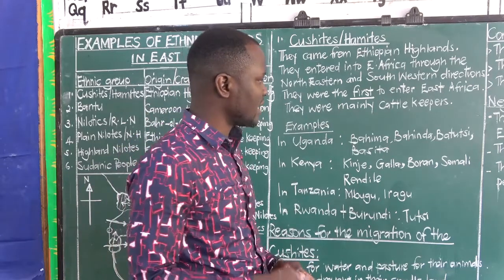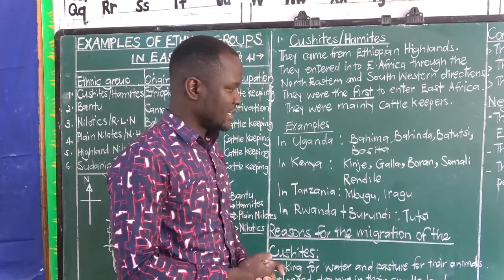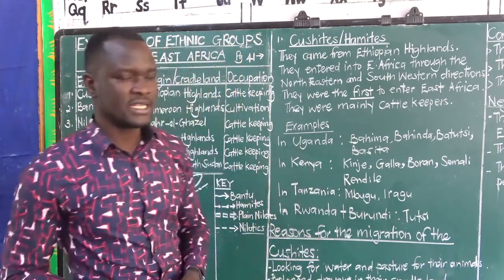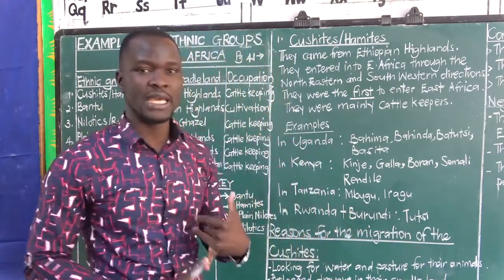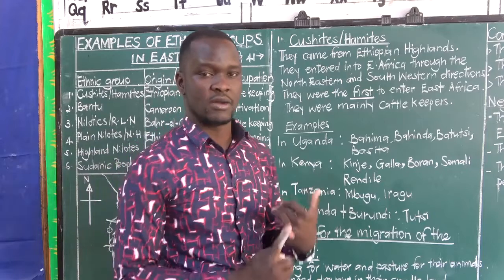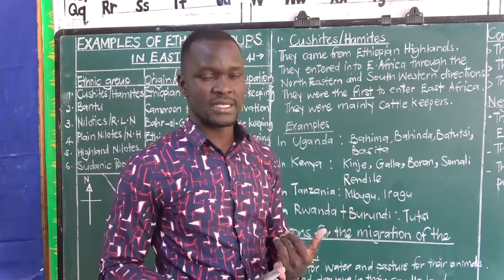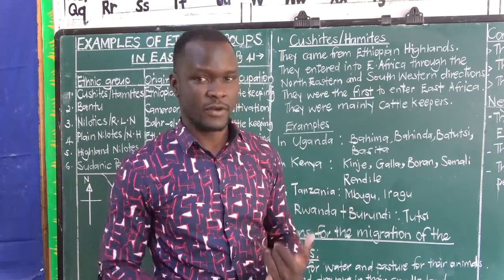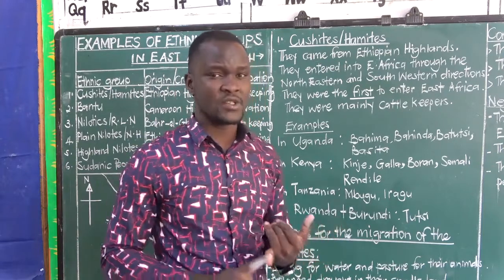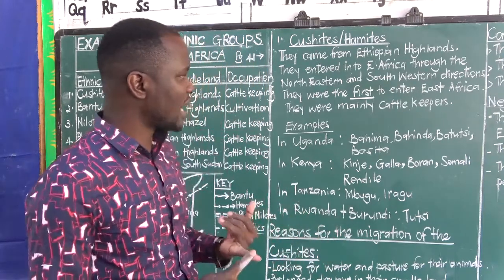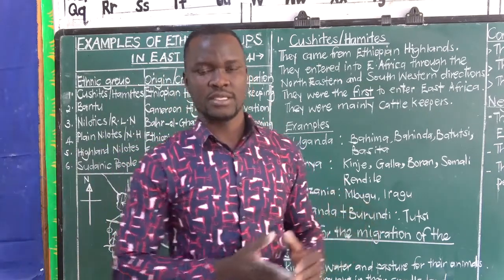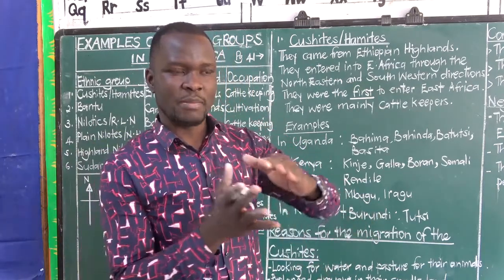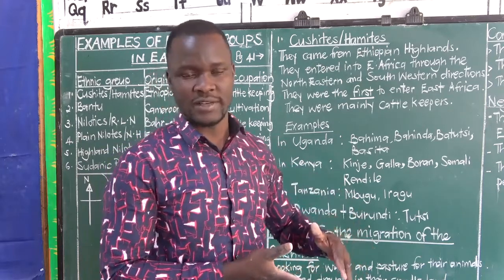That is in case you are asked for the activity. What is very important when we are looking at these ethnic groups, number one, is that we should be able to tell the cradle land of this ethnic group, as in where these people came from. Having understood the cradle land, you also need to understand through which direction they entered East Africa, or where they passed when they were coming to East Africa.